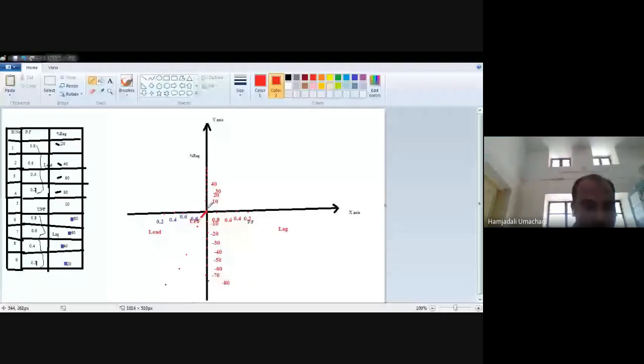Then 0.8, 0.6, 0.4, 0.2, all these are lagging power factors. Lagging means this side I should take now. 0.8 plus 80? Actually this will not be 80. Wait a minute, I will make a correction.